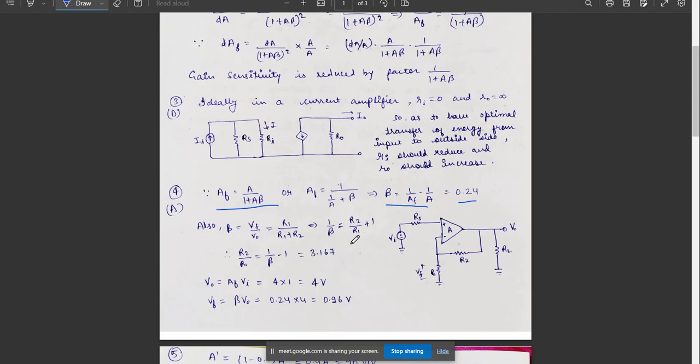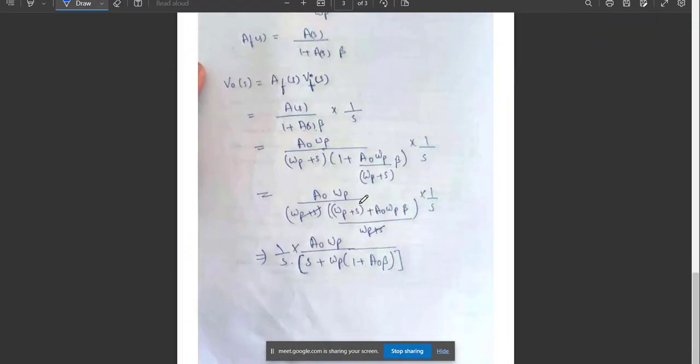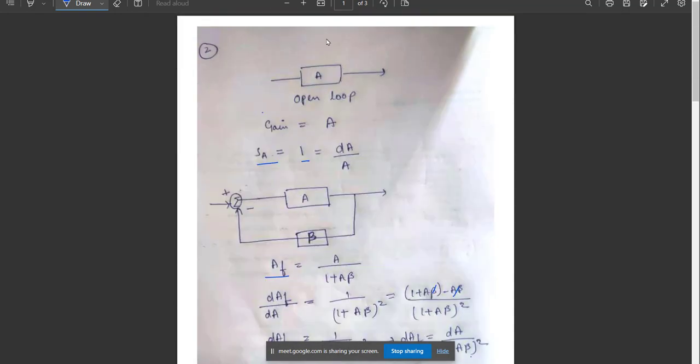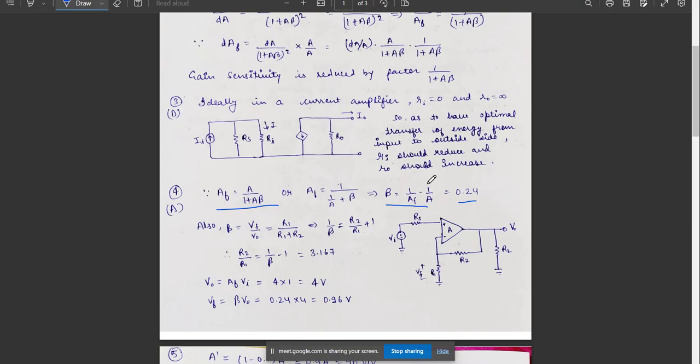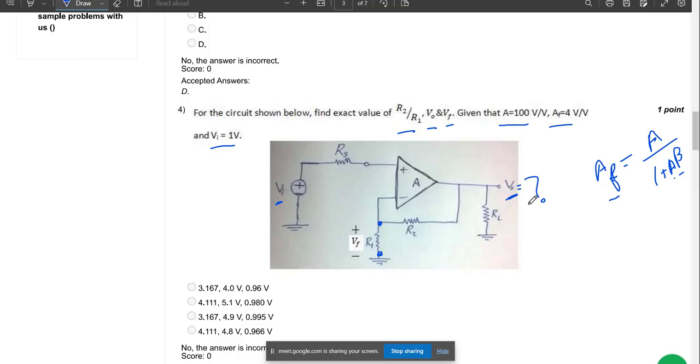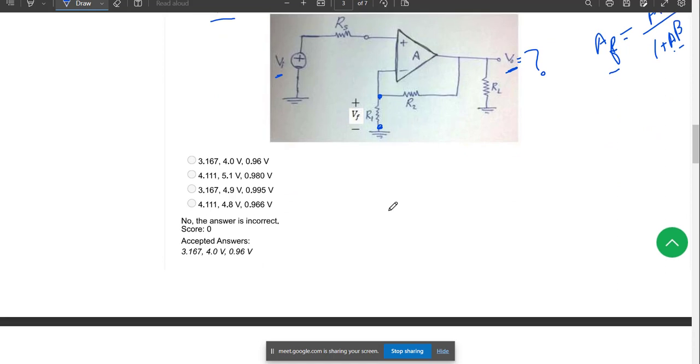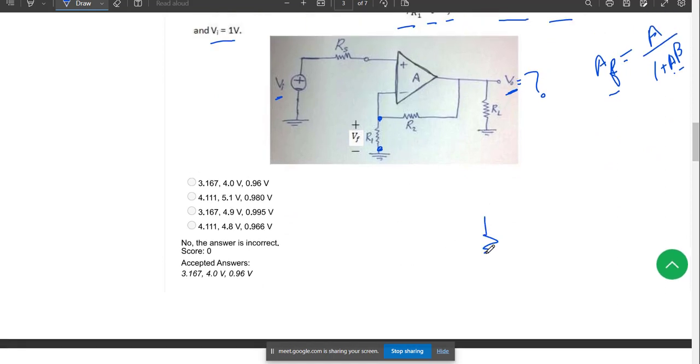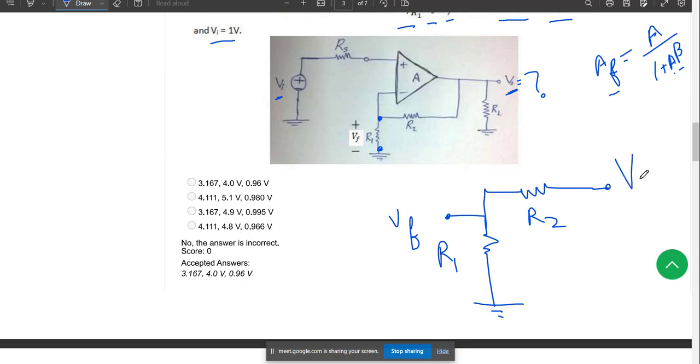Now let's try to find out beta. Leave everything else, and what we can see here is something like this: R1 grounded here, and then Vf is given here, which is the voltage drop, and then R2, and here it's Vo, the output voltage.